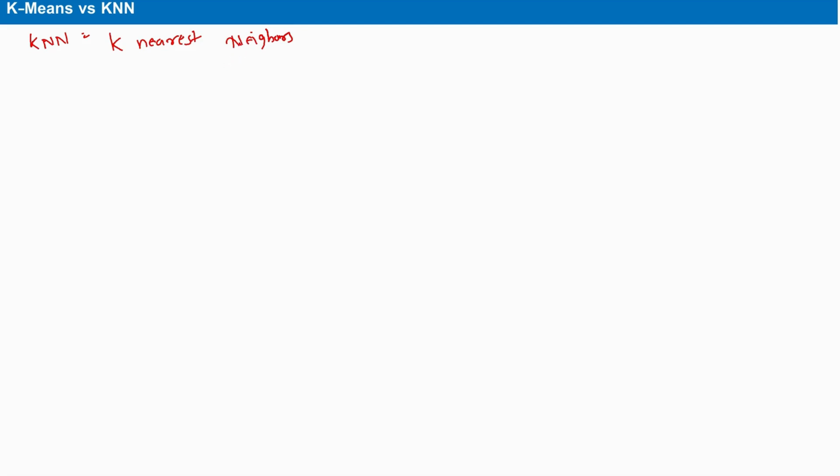The biggest difference between K-means clustering and K-nearest neighbors is that K-means clustering is an unsupervised machine learning algorithm, but KNN is a supervised machine learning algorithm.